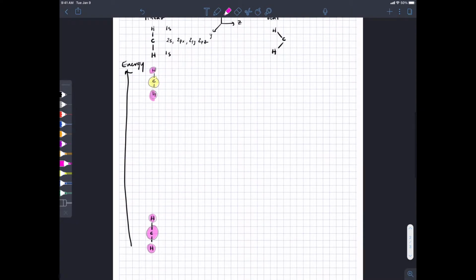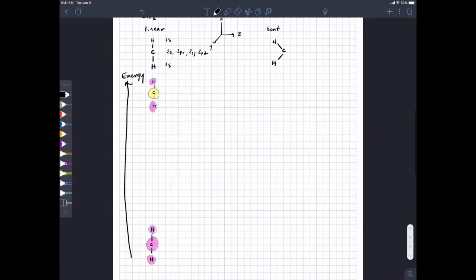All right. Then what do we have left? Well, I guess you could imagine the 2px orbital on carbon overlapping with 1s orbitals on hydrogen, and you'd have a wave function sign change at the carbon nucleus. So something like this and that.